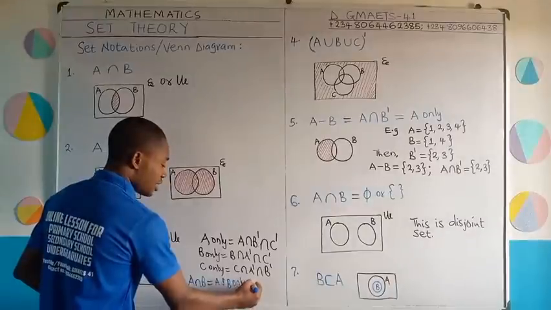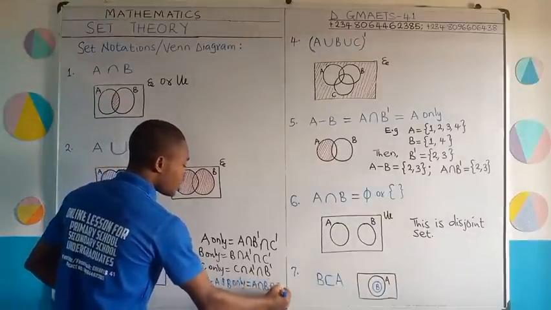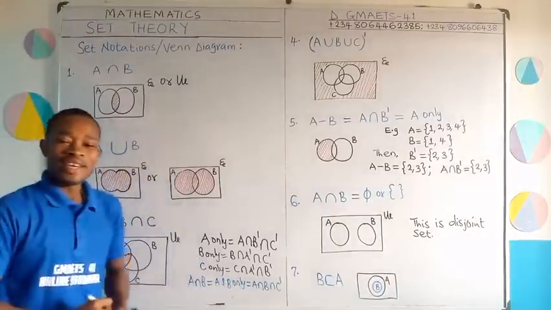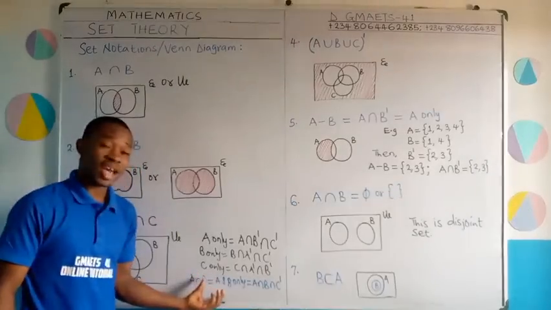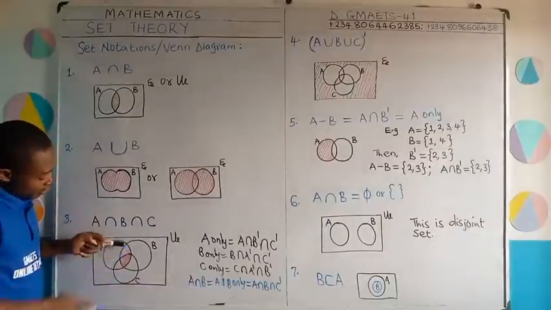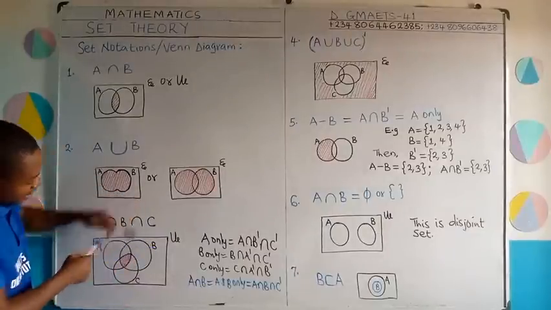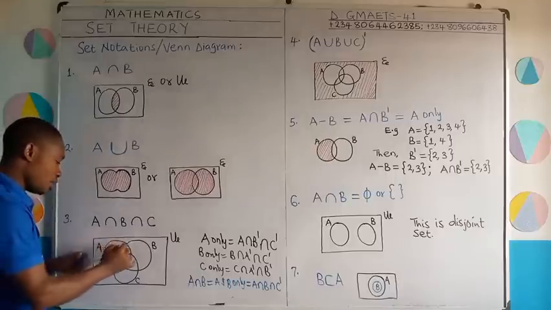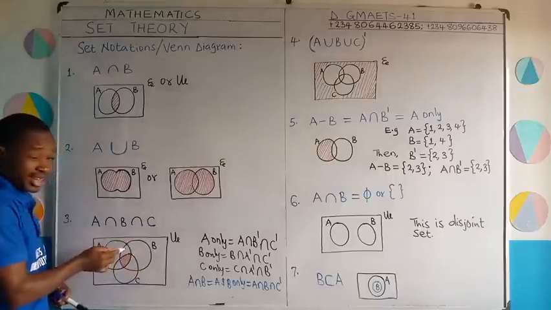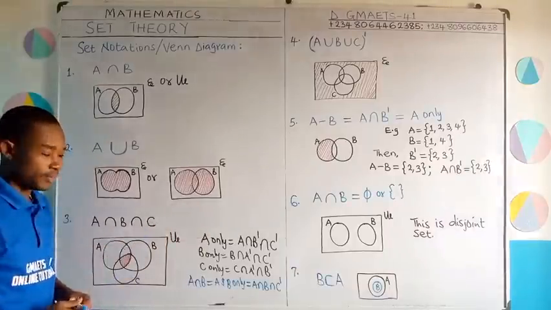That will be given as A intersection B and then intersection C complement, meaning that C has nothing to do with these elements in A and B. And those elements in that case are found here. Look here, this portion. This portion is A intersection B. You notice that they meet at this point. So any element written here is A intersection B. It has nothing to do with C.